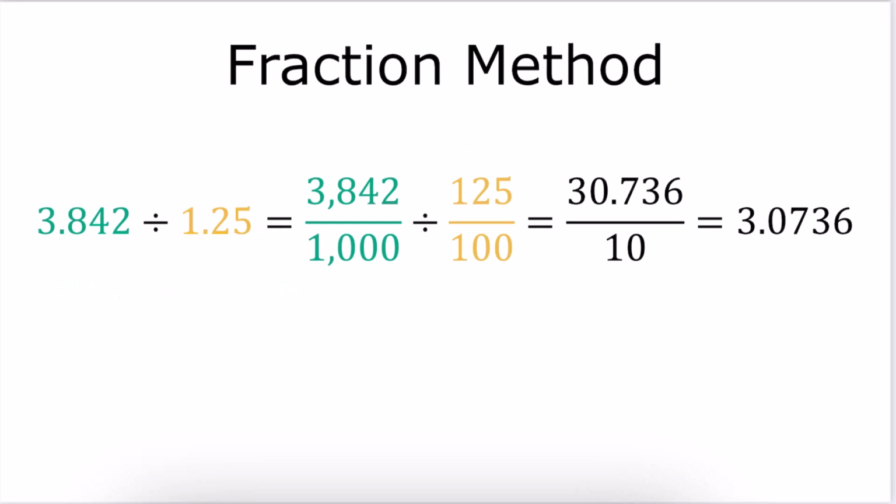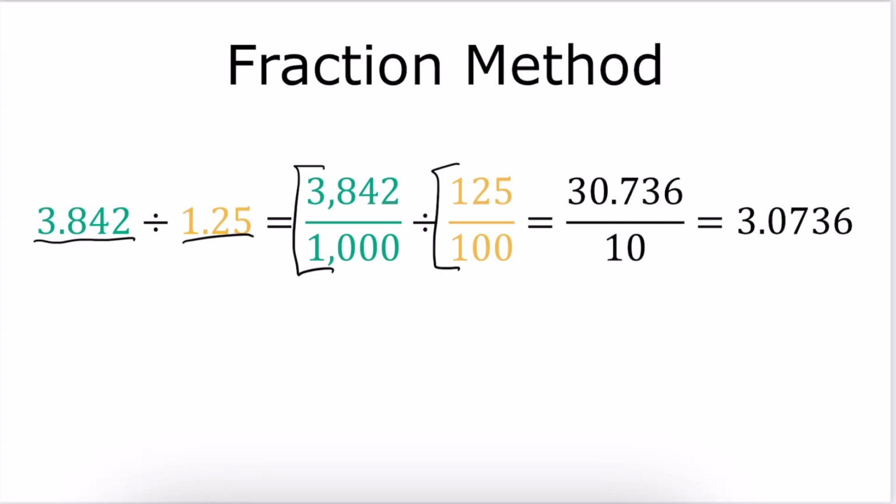And another method that you can also use to divide decimals is to convert them to fractions and then divide the fractions. So for example, if you had 3 and 842 thousandths, you could write that as a single fraction, 3,842 thousandths. And then if you divide that by 1 and 25 hundredths, written as a fraction, that would be 125 hundredths.